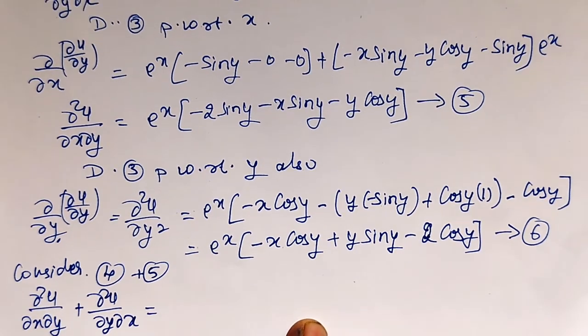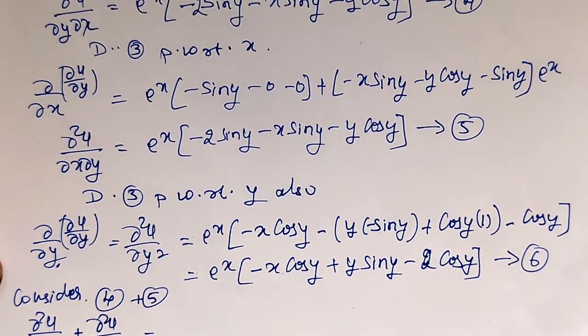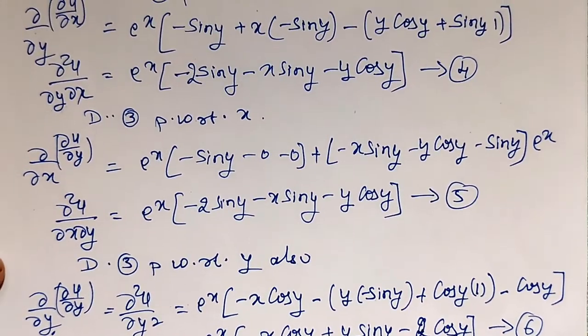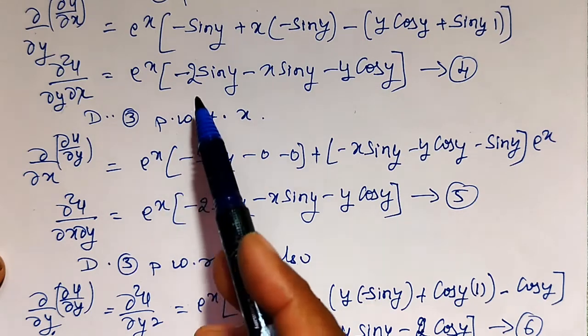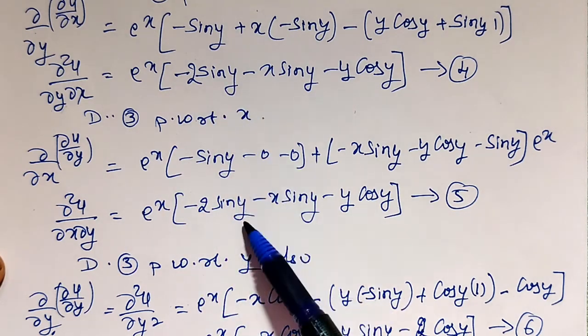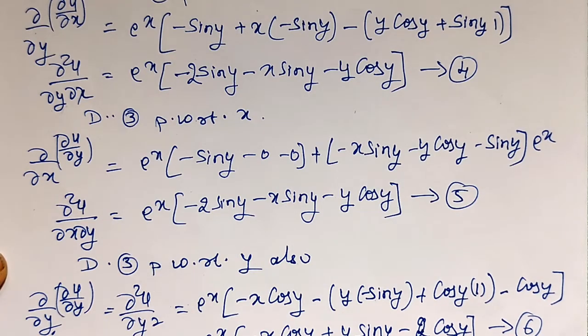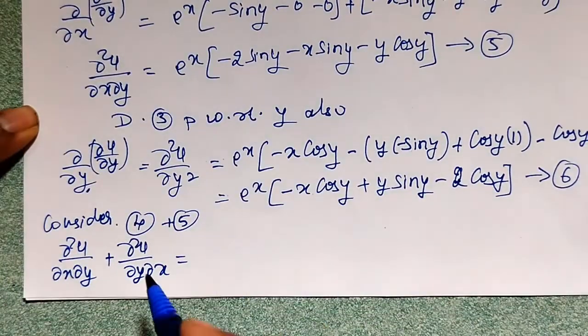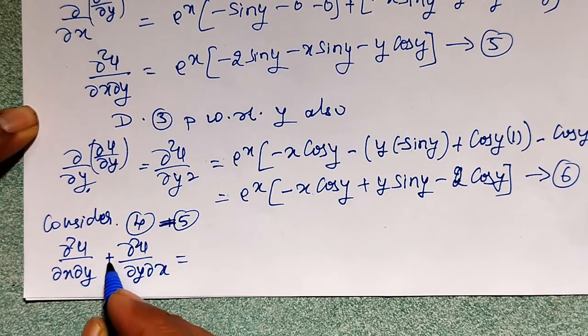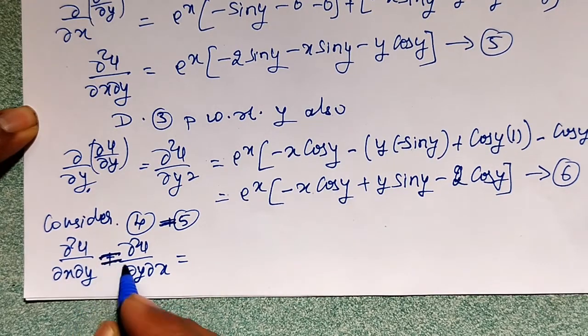You can check here, both are nothing but the same. What you can observe is that equation number 4 and 5 are both the same, e raised to x into this one. Therefore, from equation number 4 and 5 both are equal.